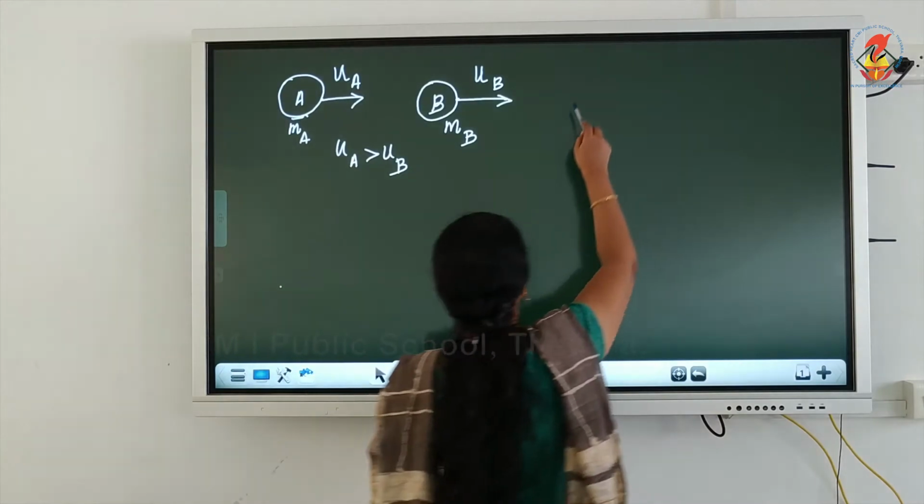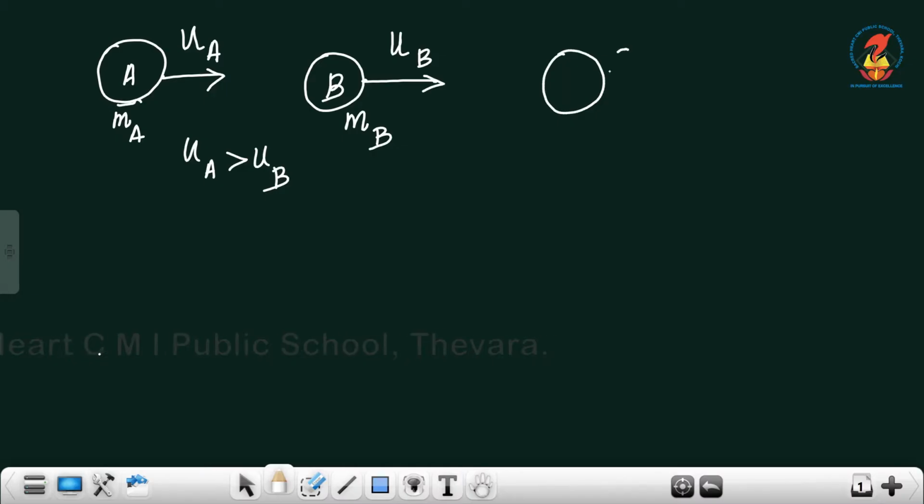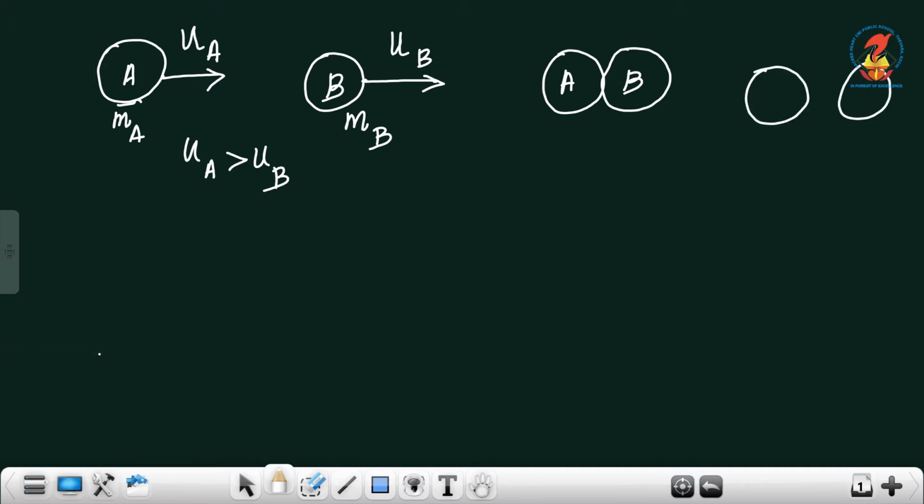After some time, both object A and object B will collide, and after collision, object A will be moving with another velocity Va and object B will be moving with another velocity Vb.